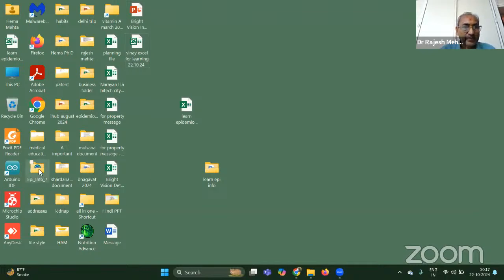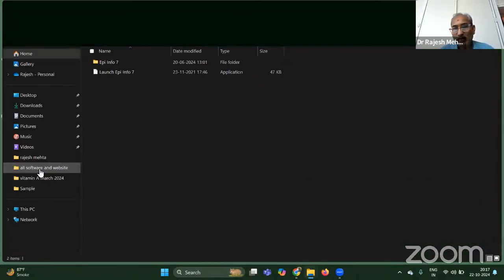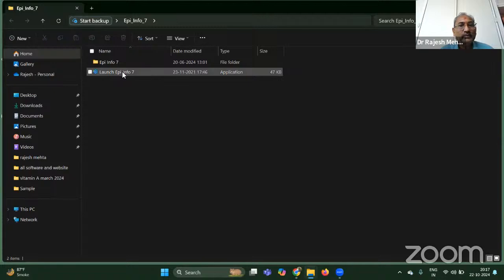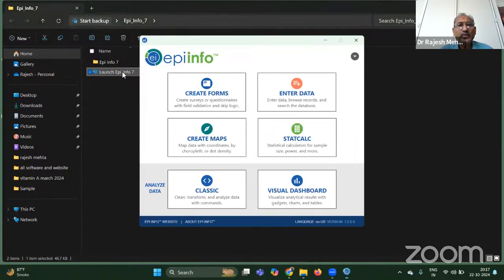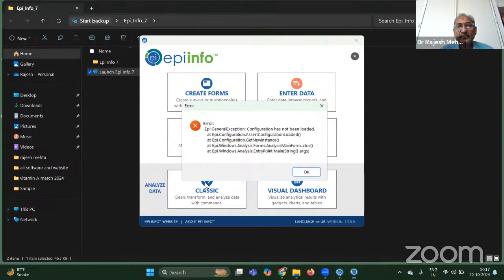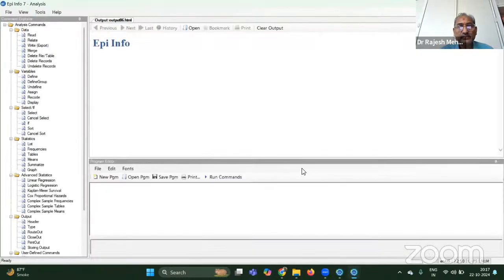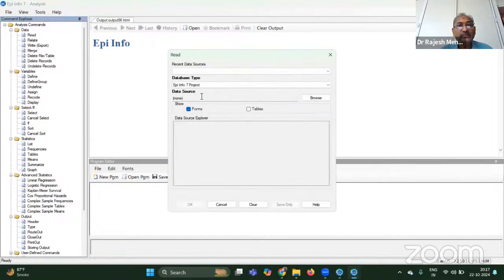Now we start AP Info like this. I hope that by now all of you are having AP Info. It's very, very simple to use. You go for the classic for data analysis. Then we use the read command.